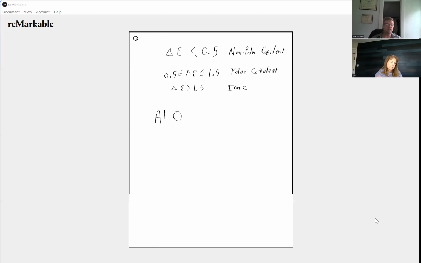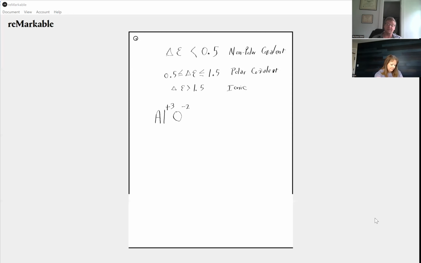Actually, at this point, it's pretty easy to figure out how many electrons in the valence shell. 3. So it must be going to lose all 3 electrons. Aluminium is always +3. Oxygen is always what? Correct, -2.